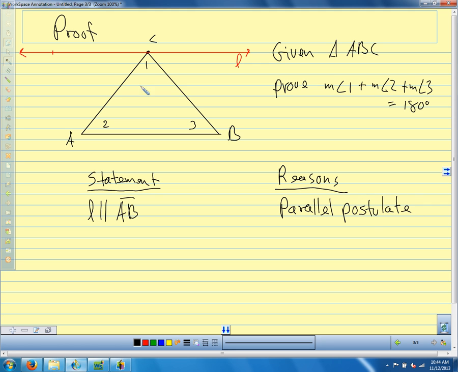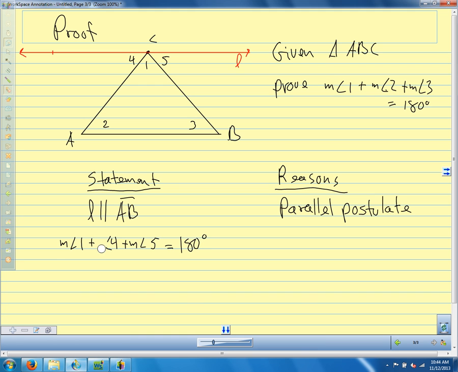Well, let me label a couple of other angles, angle 4 and angle 5. What do measure of angle 1, 4, and 5 have to add up to? Measure of angle 1 plus a measure of angle 4 plus a measure of angle 5 equals 180.